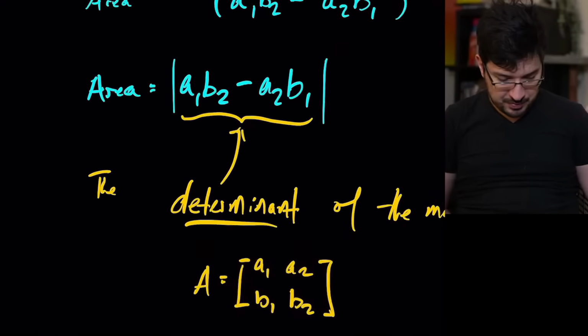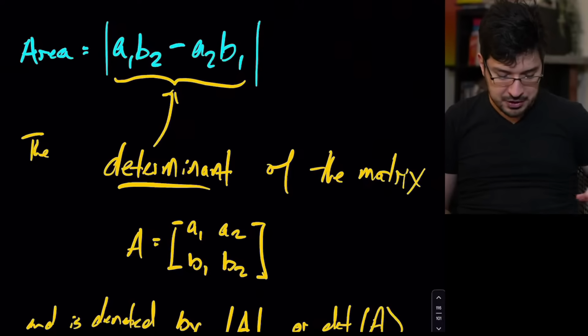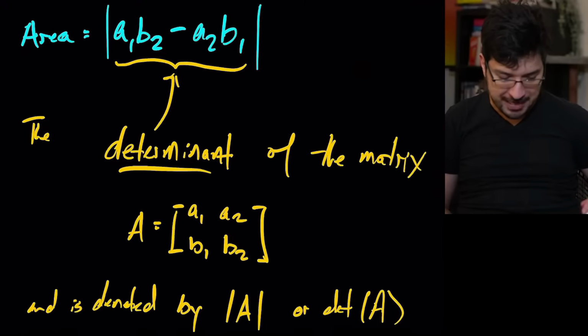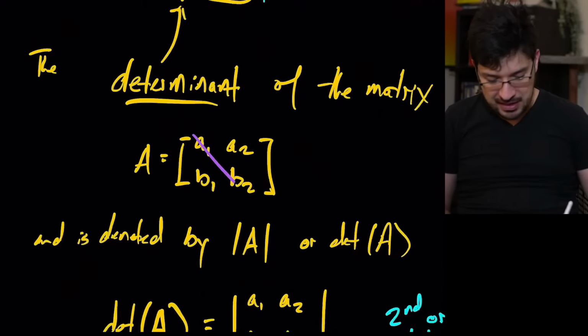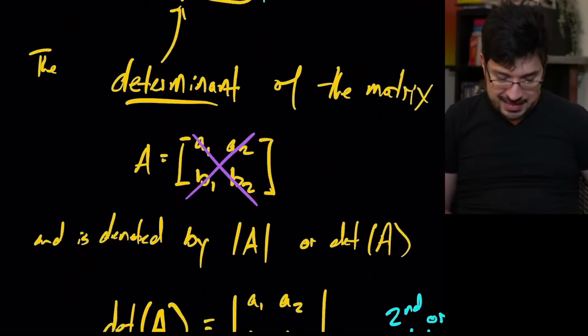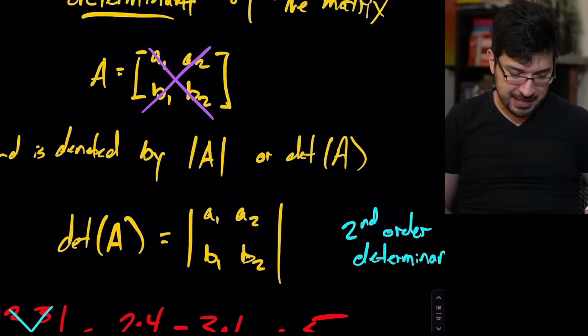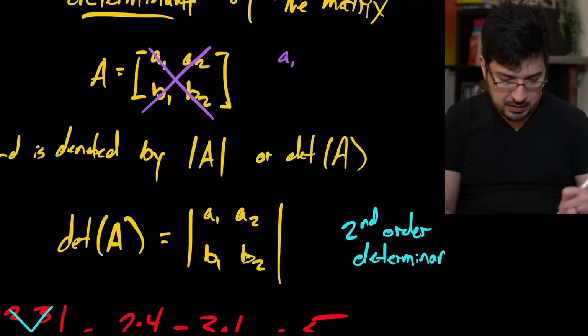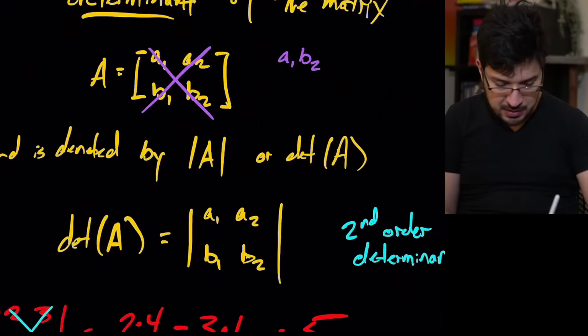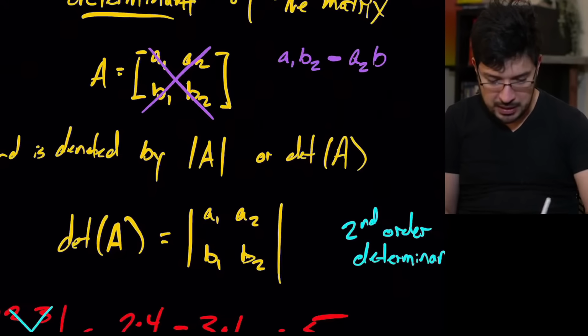So this we call the determinant of this 2x2 matrix: A1, A2, B1, B2. And dude, I will never memorize this in my entire life. But the way that you do a determinant of a 2x2 matrix is the forward diagonal, A1 times B2, minus A2 times B1.